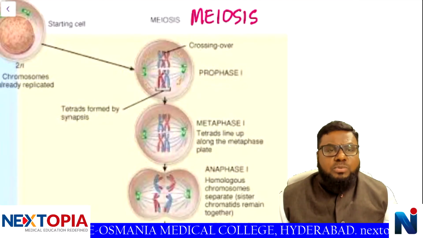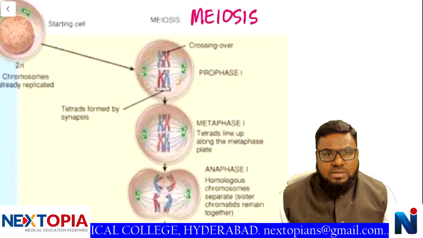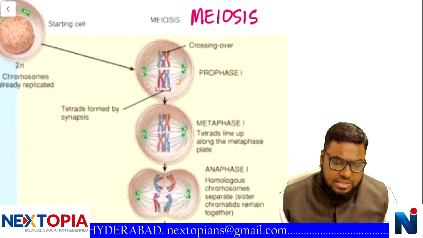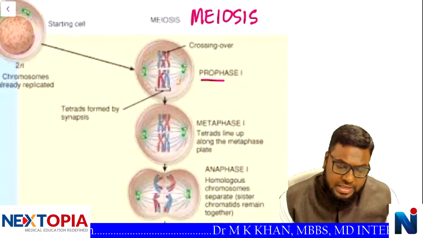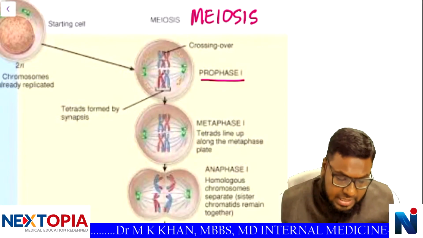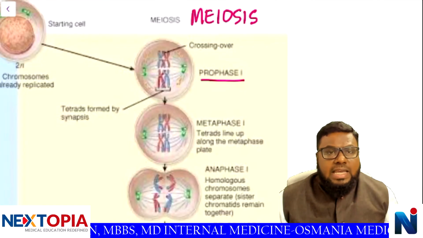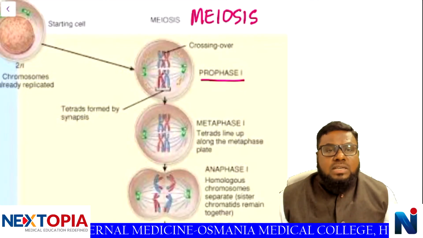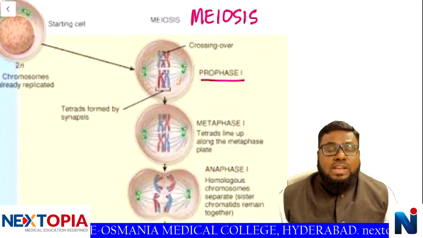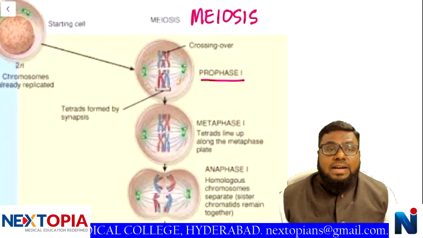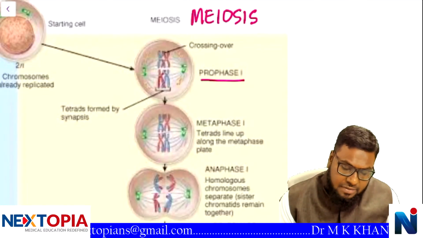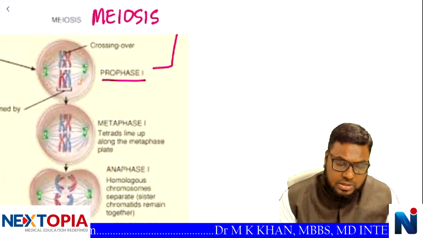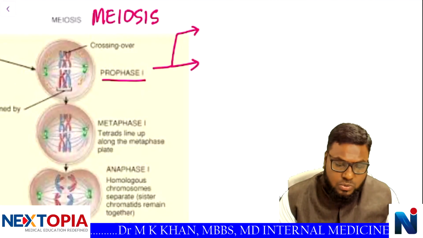Meiosis is divided into meiosis 1 and meiosis 2, so accordingly we have prophase 1 and prophase 2. In prophase 1, the first meiotic division is very much prolonged, and it is usually divided into a number of stages.